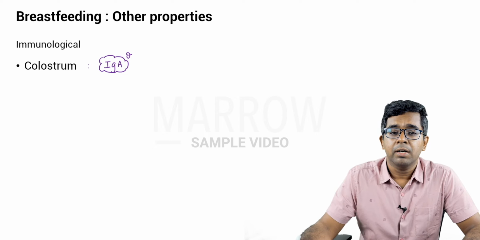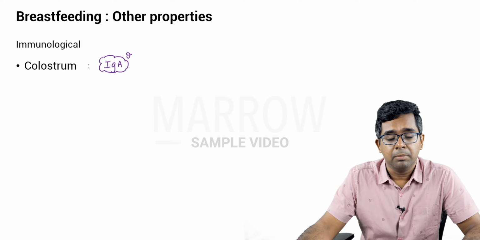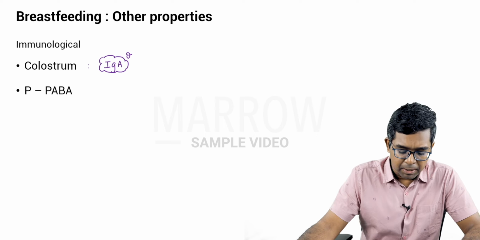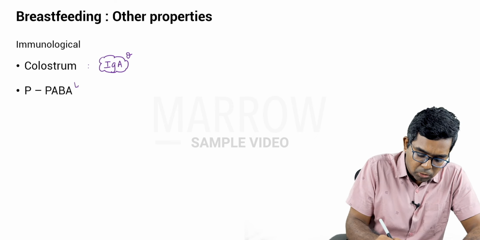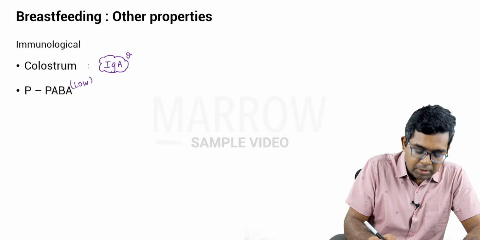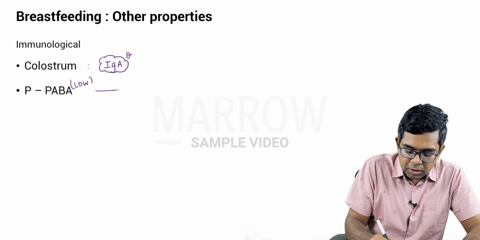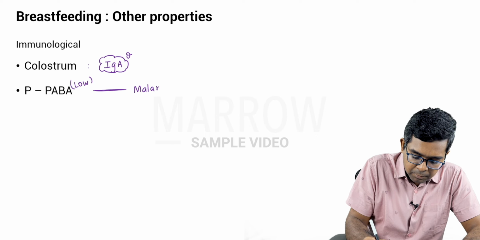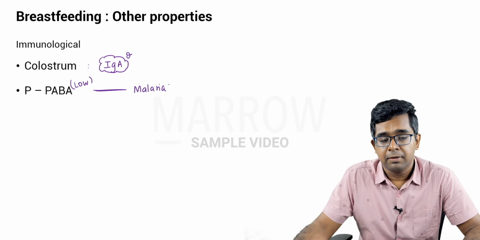Now, breast milk also contains other important substances which can be remembered by a mnemonic called PLAB mnemonic, P for para-aminobenzoic acid. Actually, there are low levels of para-aminobenzoic acid in the breast milk, which is protective for malaria infection. It gives protection to malaria infection.